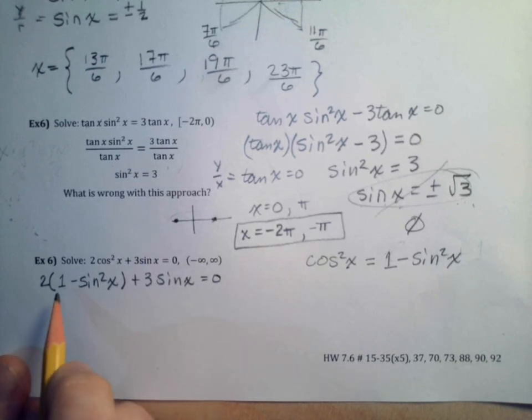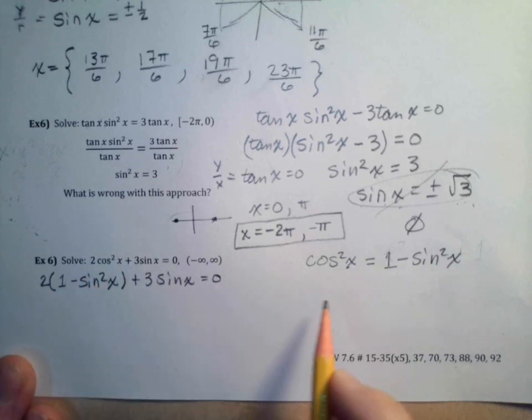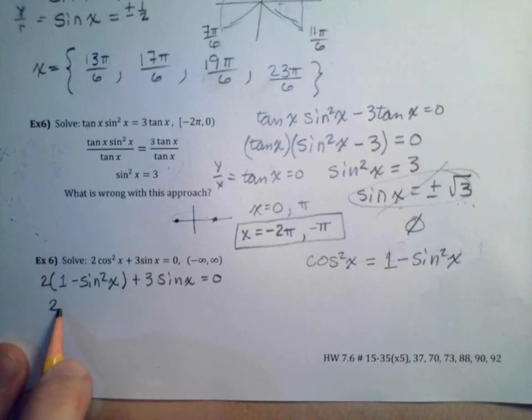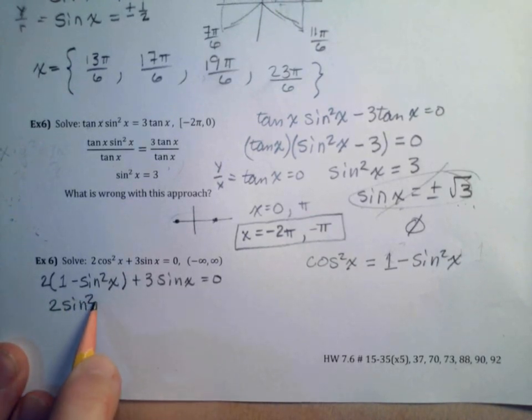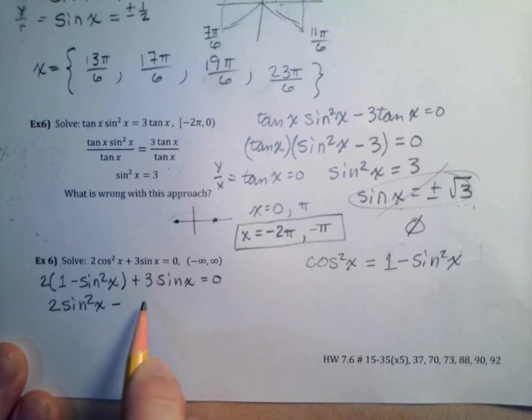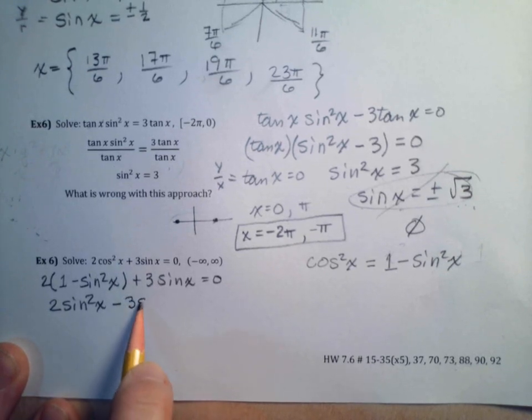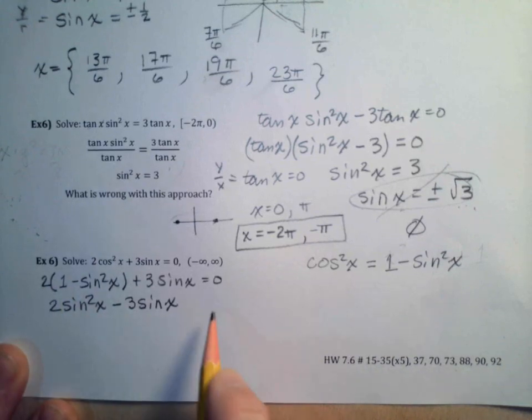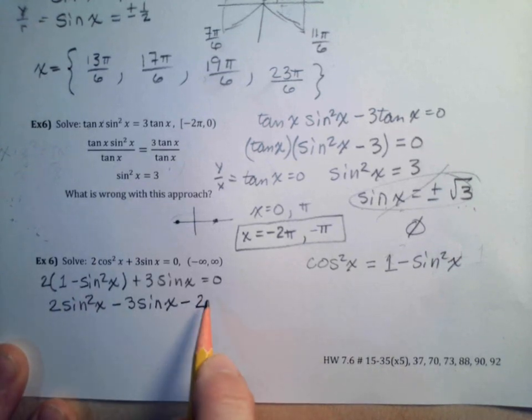So I'm going to multiply through. So distribute that 2 and also multiply through by -1. That should give me 2 sine squared x minus 3 sine x, and that was 2, but I'm multiplying through by a negative, so that's -2.